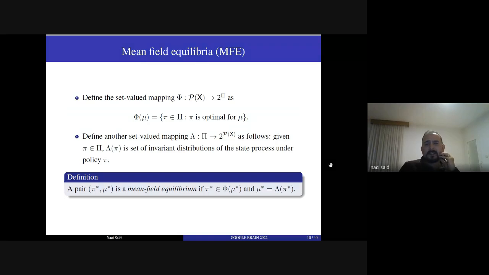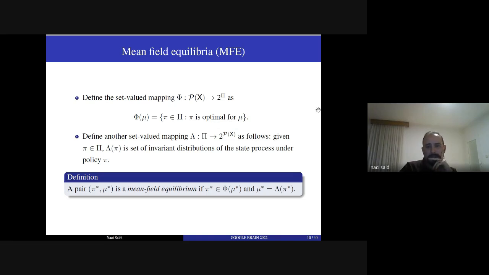And what is the equilibrium notion in the infinite population limit? To define the mean field equilibrium, I have to define two set valued mappings. The first set valued mapping maps the mean field term to a set of policies, and for any mu, it gives the set of optimal policies for mu.